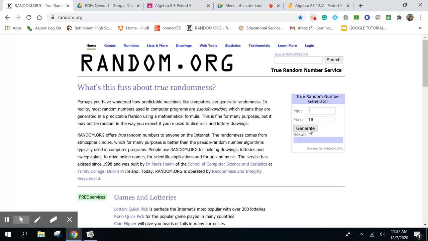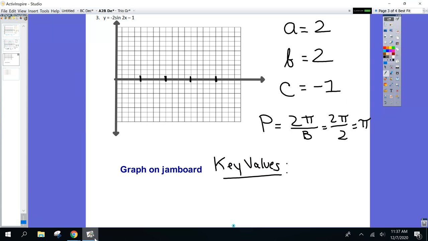All right. Here you go, Hunter. How do I find those key values? Take my what first? You put the period, yep, and divide it by what? 4. Yep. So that's it, guys.